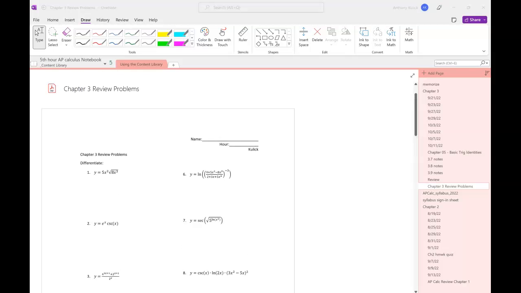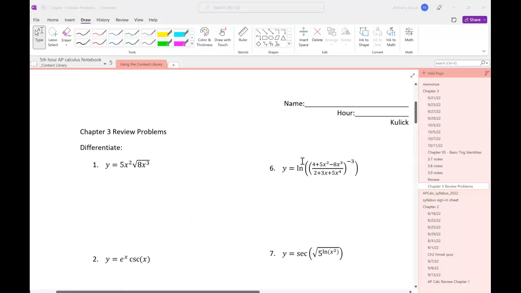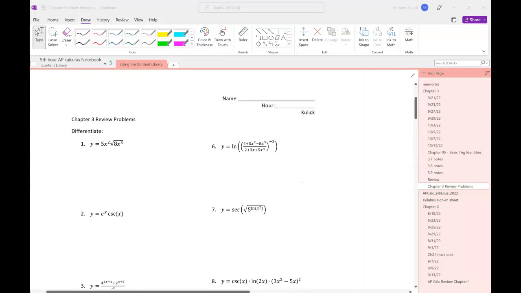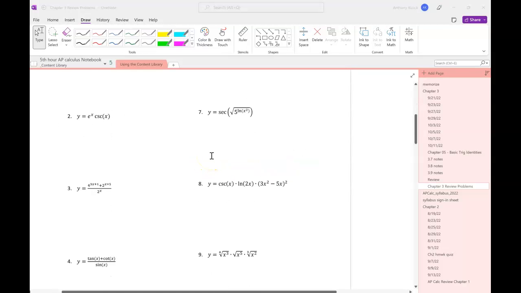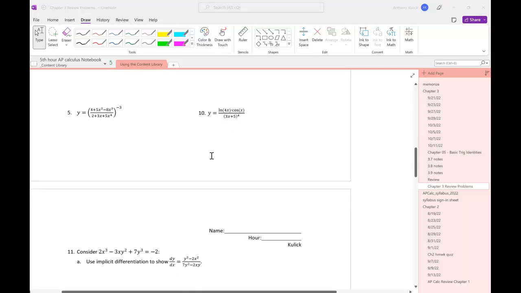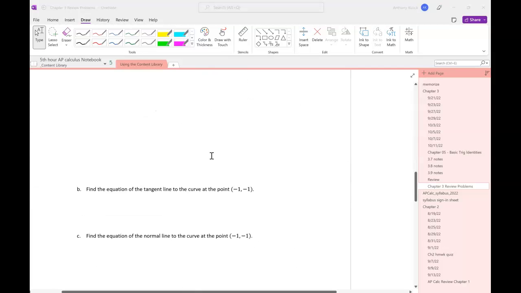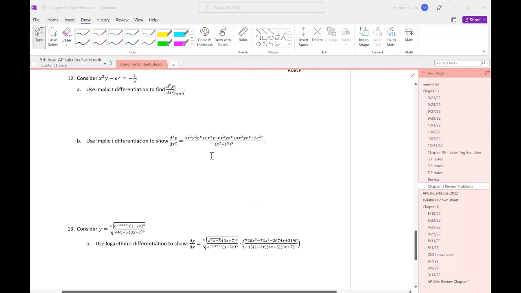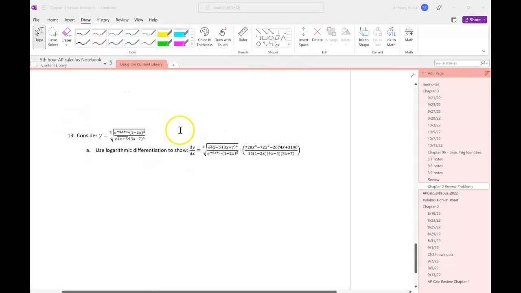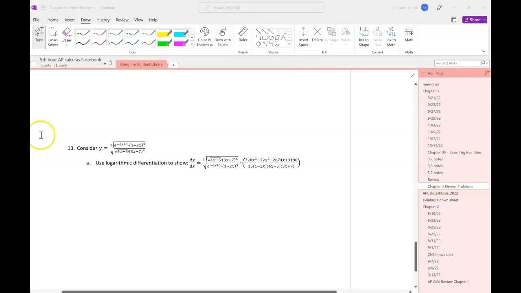Also went and wrote a more standard looking review for you guys also. I'll put an answer key for this up also, maybe not today, but soon. And then you can ignore problem 13, where it's the log differentiation problem.